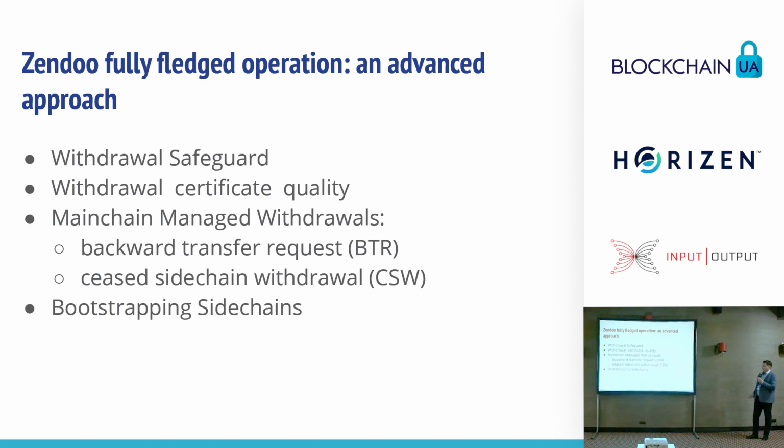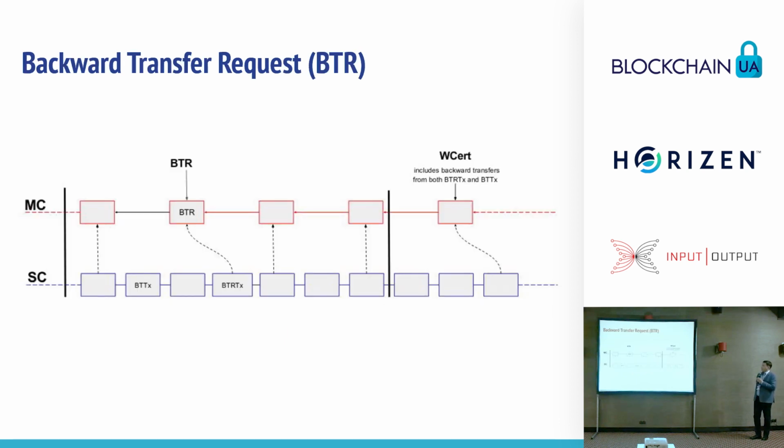And of course, there is a feature which is needed to bootstrap sidechains. So, backward transfer request, how it works. We have the main chain. In the main chain, a backward transfer request appears. After that, the sidechain must process all transactions, both forward transfer and backward transfer request, and they will be reflected in the withdrawal certificate.